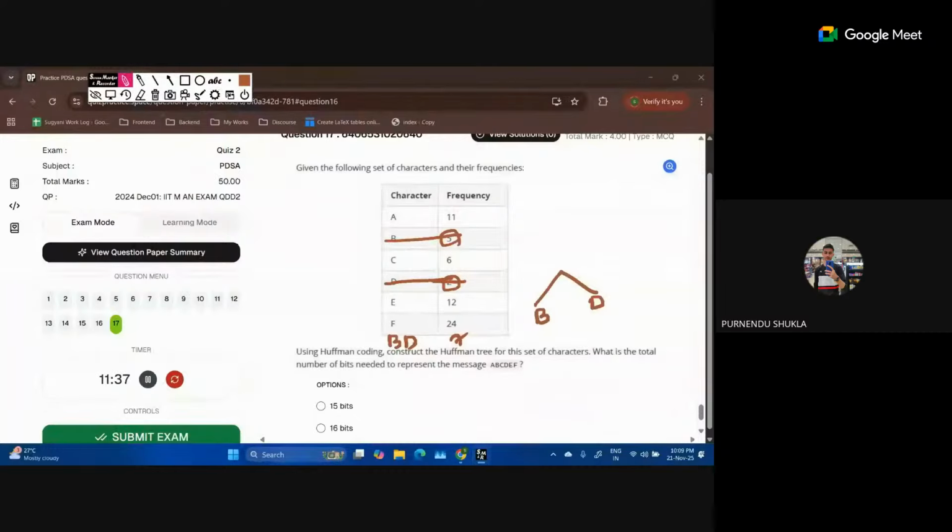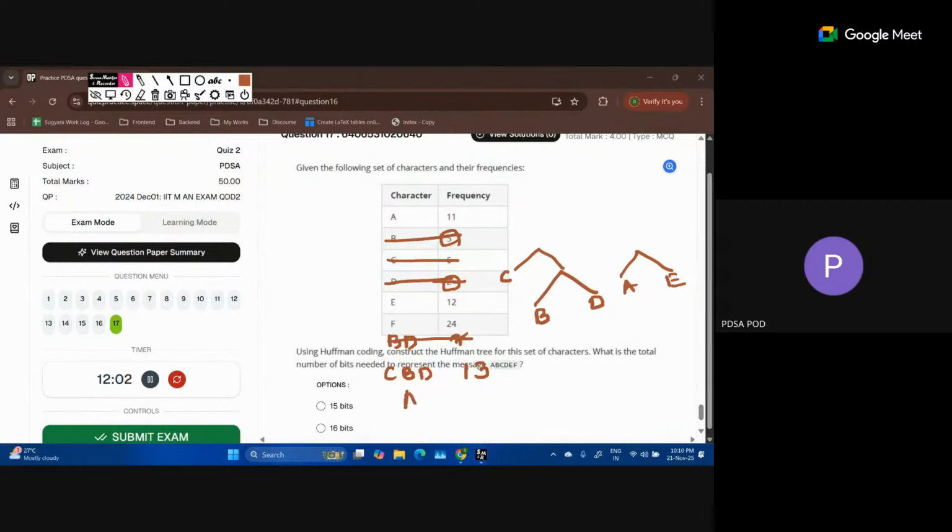Then we will add C and BD. So C and BD gives you 13. Now cut C. 11, 12: AE. A and E will give you 23.